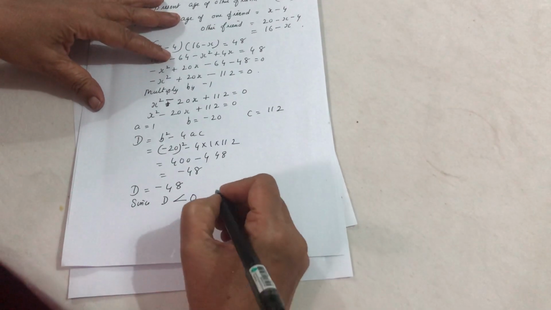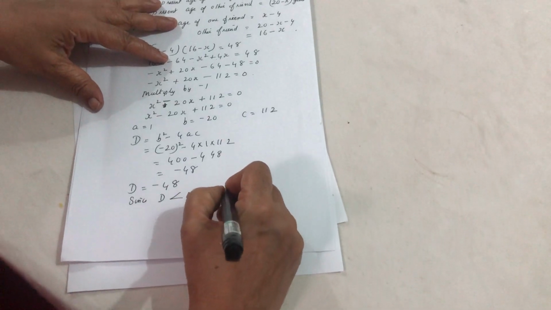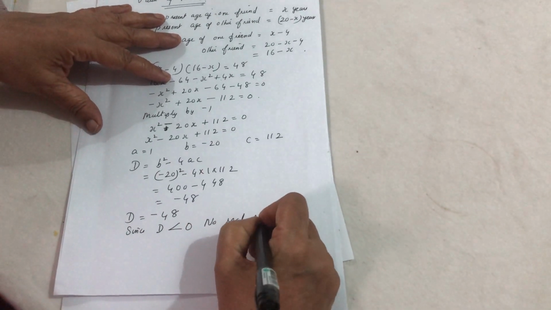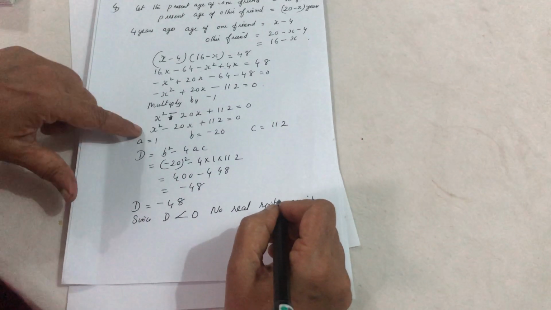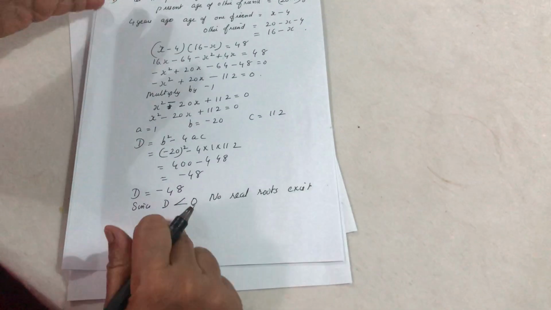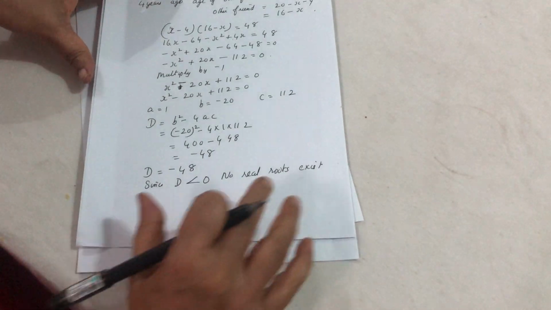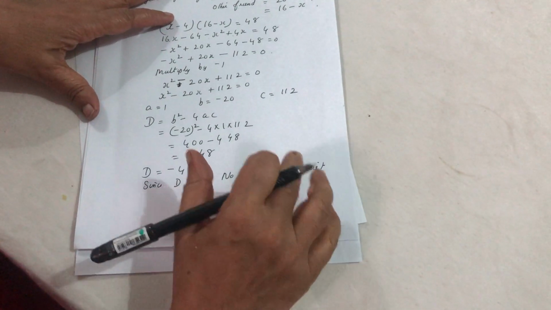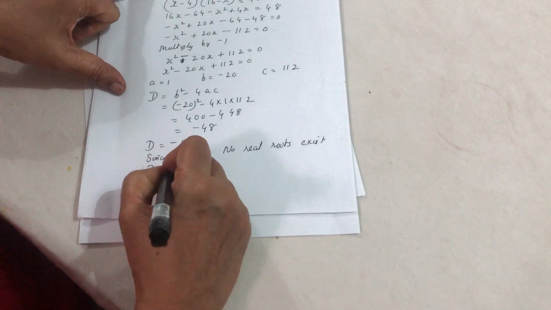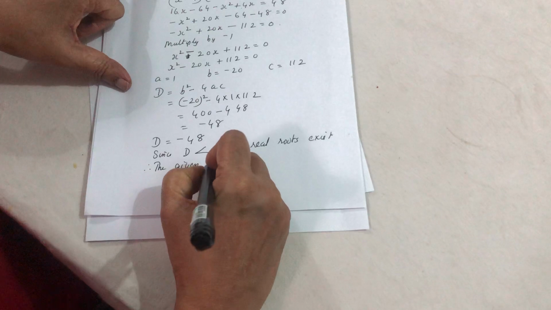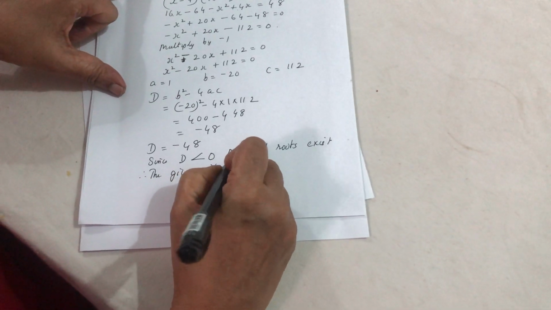No real roots exist. That means you will not get the value of x. D is negative, no real root exists. Therefore the given situation is not possible.